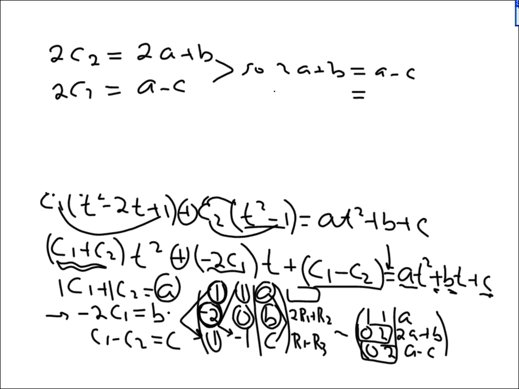Bringing everything to the left side, that is taking away a and adding c to both sides, gives us 0 on the right side. 2a minus a is a, plus b plus c.